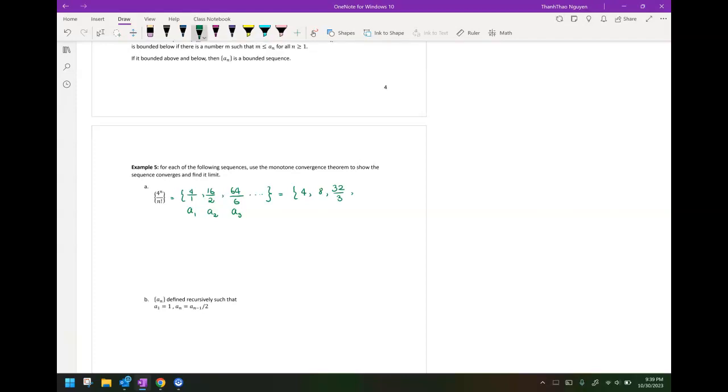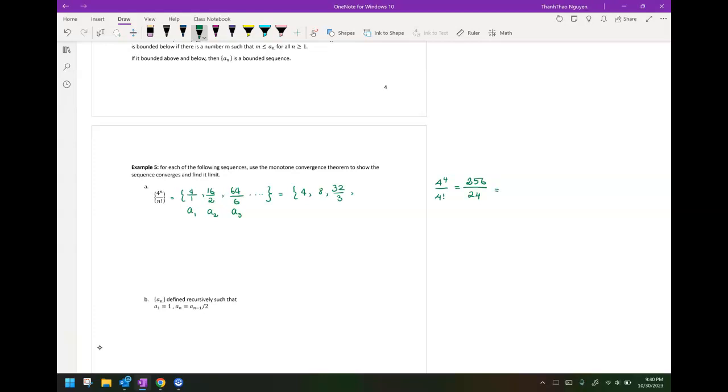When we talk about a sub 4, we get 4 to the 4th divided by 4 factorial. 4 to the 4th is 64 times 4, which is equal to 256. 4 factorial is 6 times 4, which makes 24.